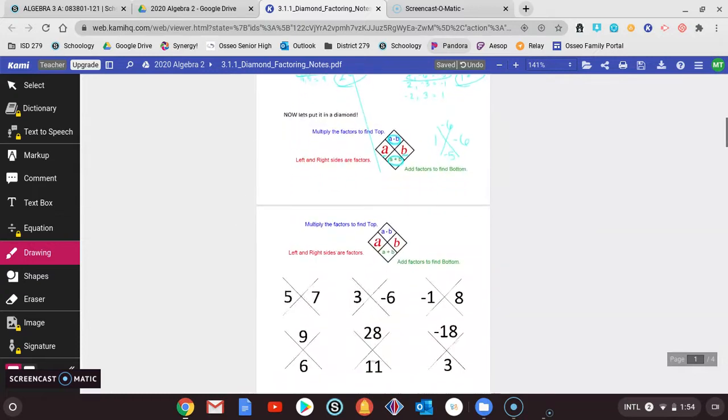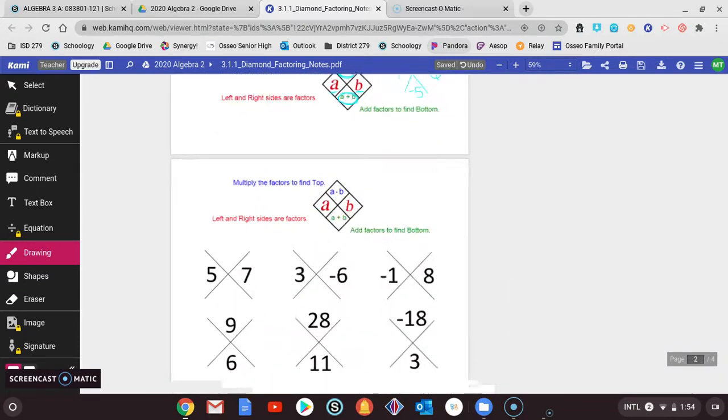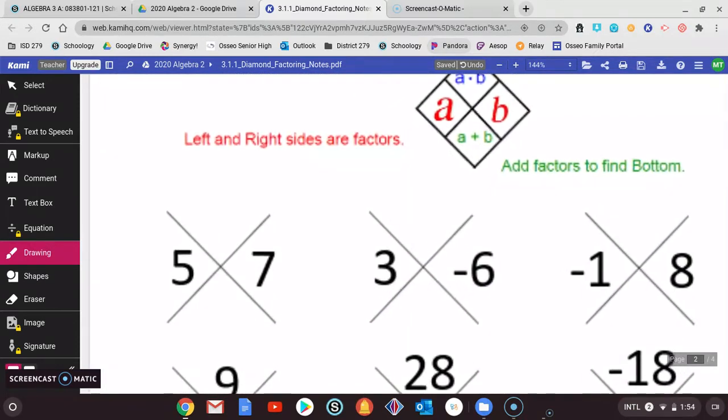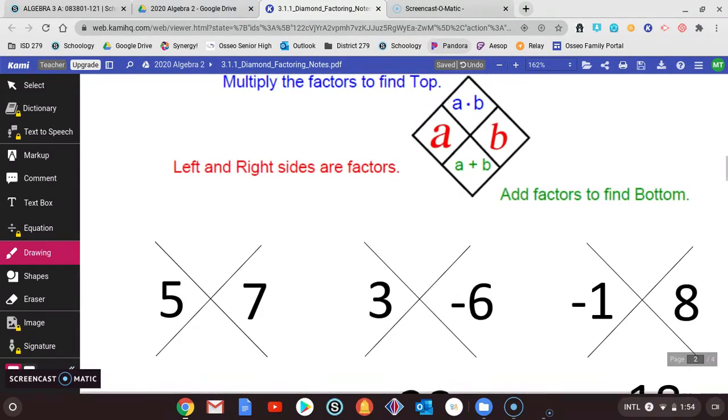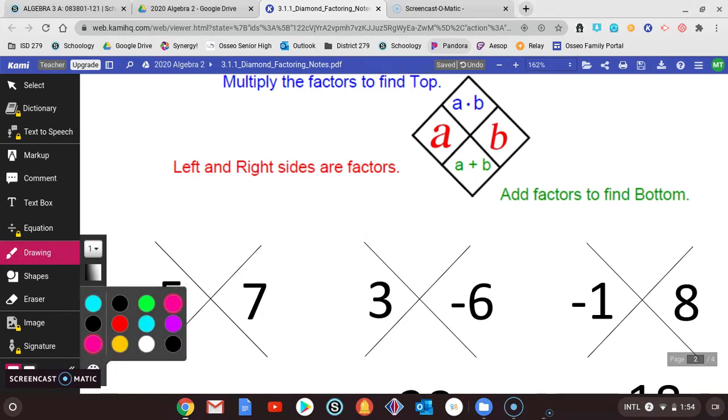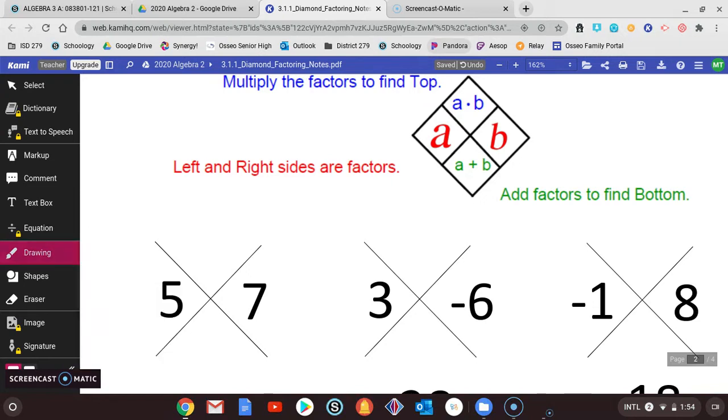So now I'm going to give you some. Here I'm going to give you the left and the right, and you need to come up with the top and bottom. So we multiply to find our top. Let's do a different color here. Let's do purple.